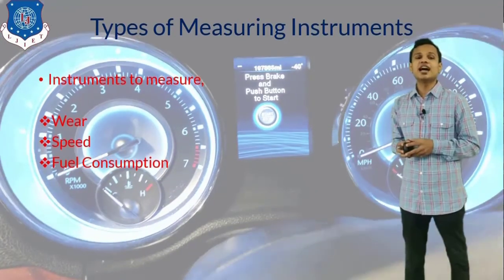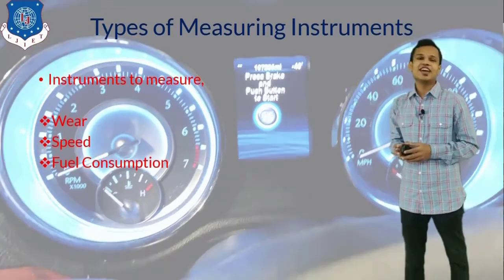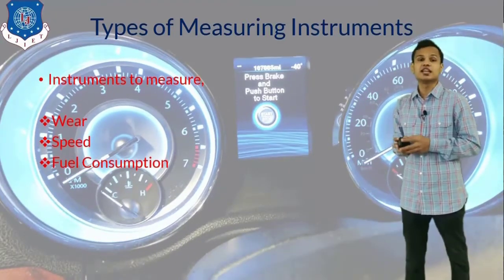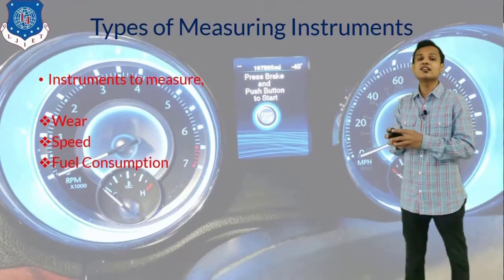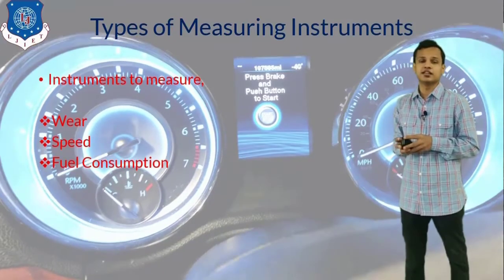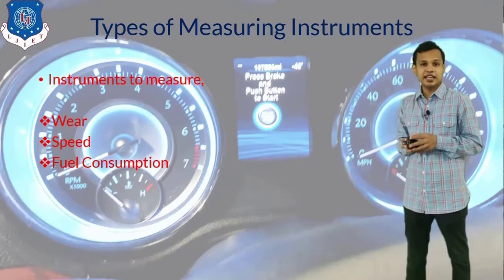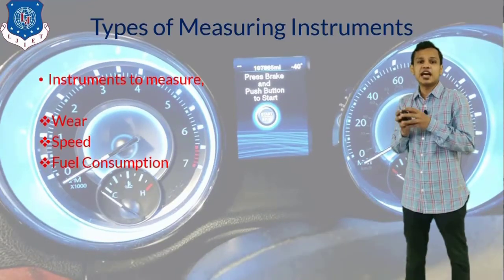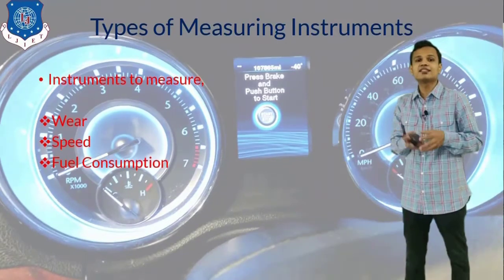Now these three are the major aspects that need to be measured whenever we are inspecting the vehicle, such as first the wear. In most of the components of the automobile, there is wear and tear between two components which are meshing together, such as in the engine. Two components are always meshing with each other and developing friction between each other, such as the piston and the cylinder wall.